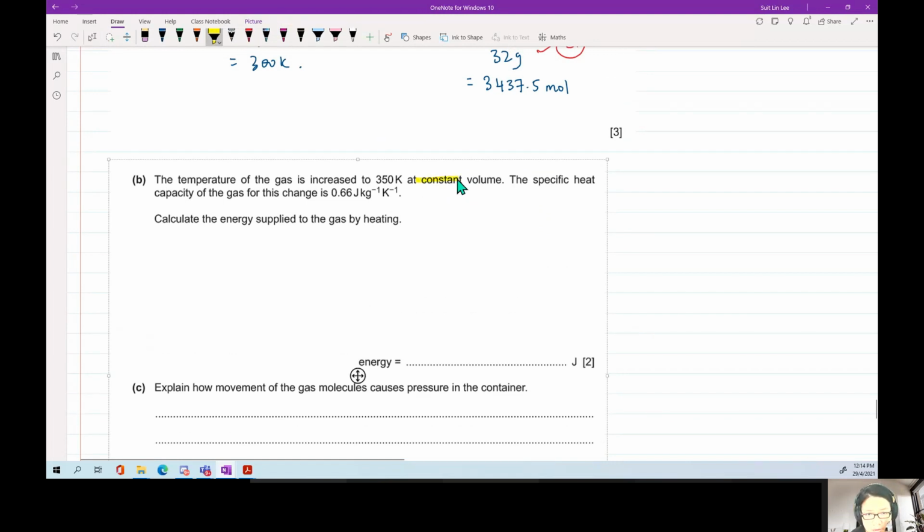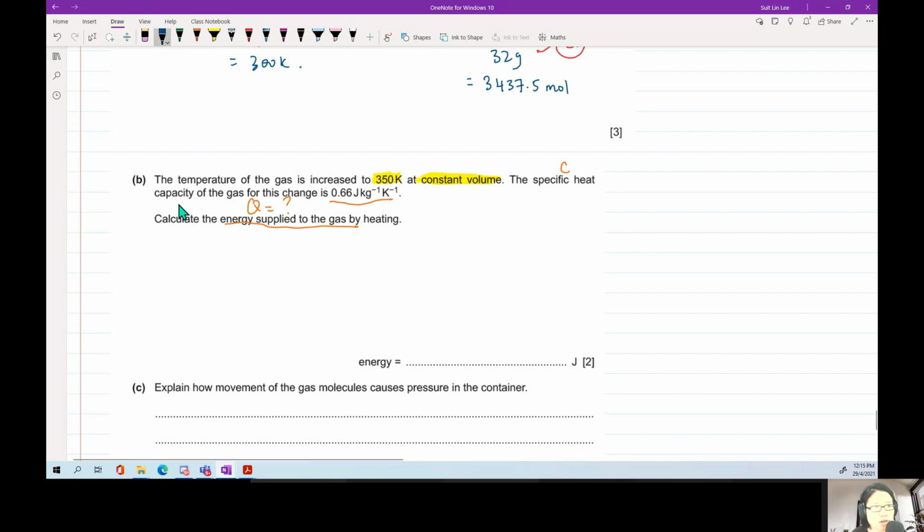Whenever something is constant, from the perspective of the gas, this is very important because we can decide what is happening in your P, your delta V, and your temperature. Specific heat capacity C of the gas is this much. Calculate the energy supplied to the gas by heating. So I want to know what is Q.